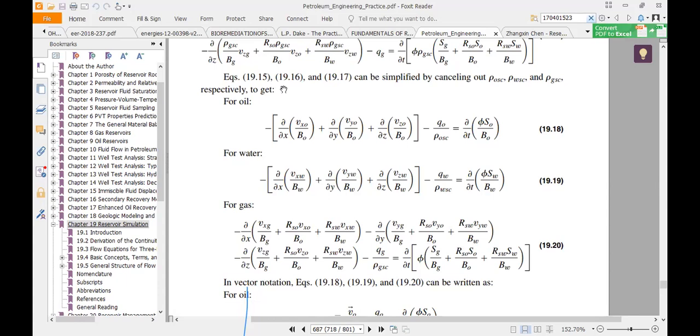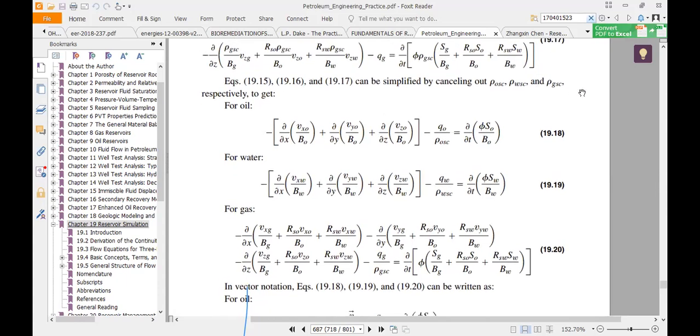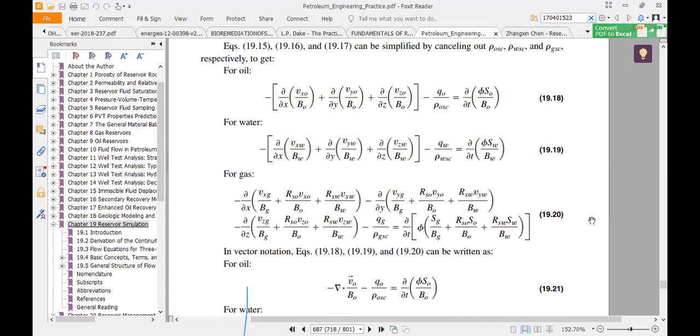So you could simplify those equations by canceling out the density terms. So you see that what you have in equations 19.18, 19.19, and 19.20 are basically the equations in terms of velocity and saturation predominantly.